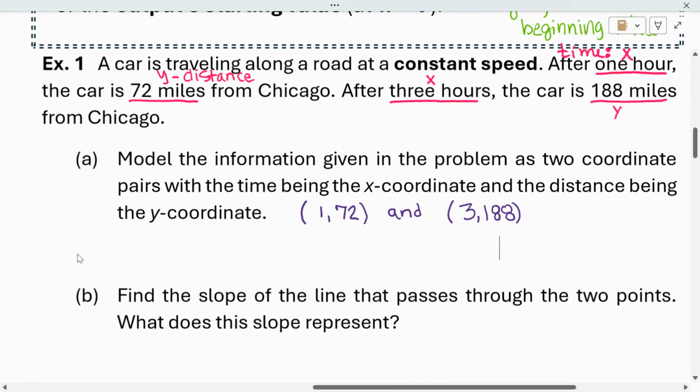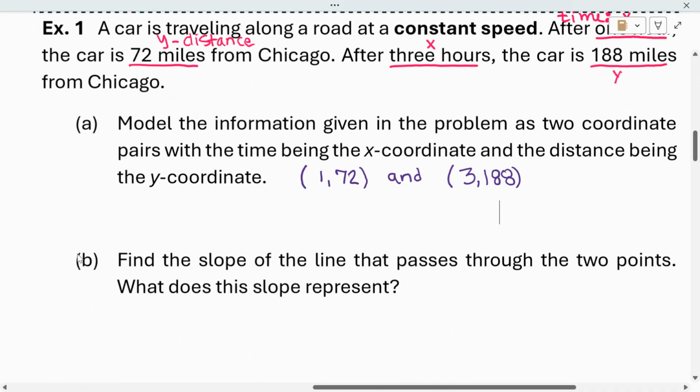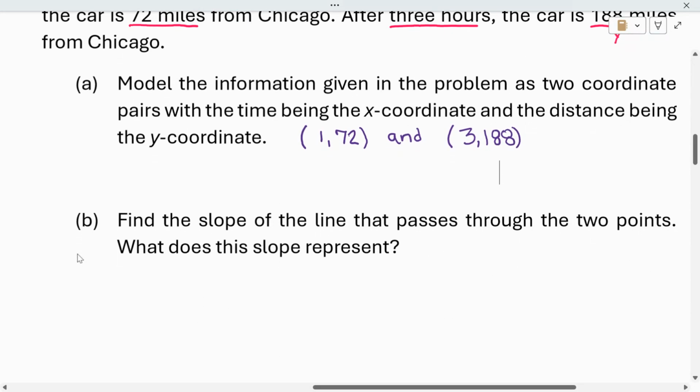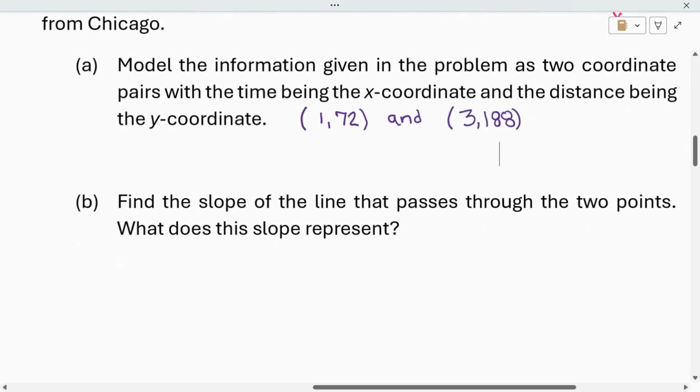Okay. So now question B asks us to find the slope of the line that passes through those 2 points. So that means we need to use the slope formula. Remember, that is y2 minus y1 over x2 minus x1. And that's y sub 1, y sub 2, right?